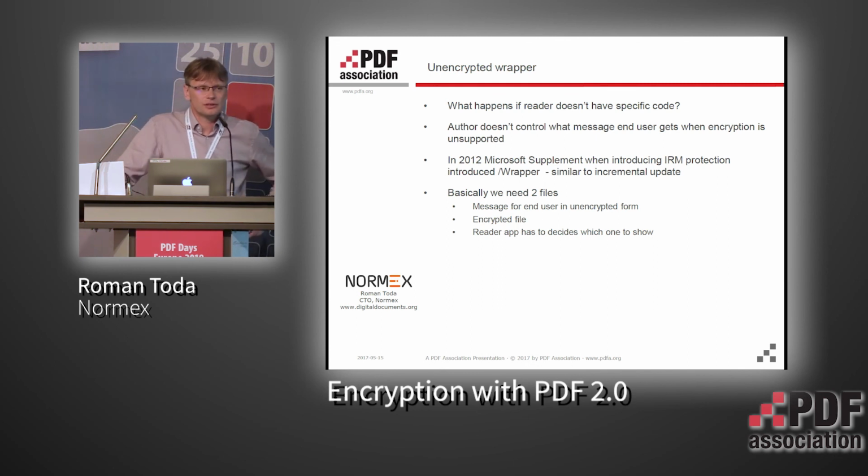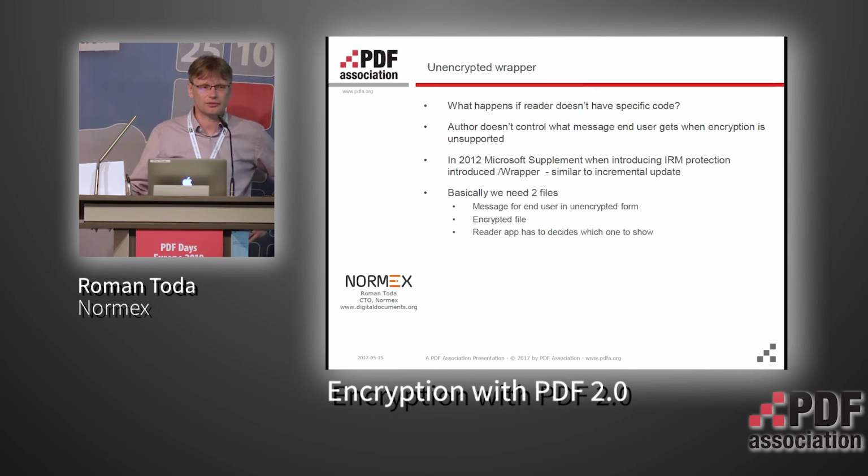The thing with custom security handlers is that if you generate the PDF file, you can't really predict if your customer or end user will have the right viewer, right? They might use, I don't know, Foxit's, Nitro's, Adobe's, and the code might not be there.